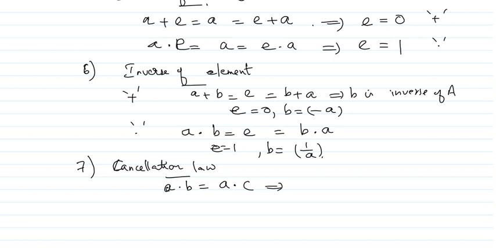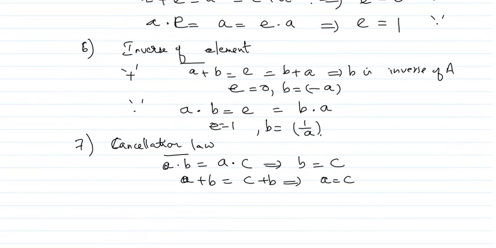And if A plus B is equal to C plus B, in addition, also we can cancel this B to get A equal to C. B is the right factor, here A is the left factor. It can be applied for multiplication and for addition also. So these are known as cancellation law.